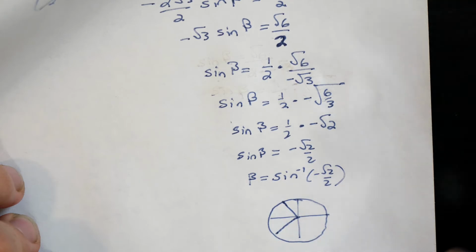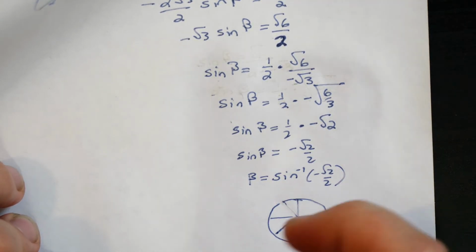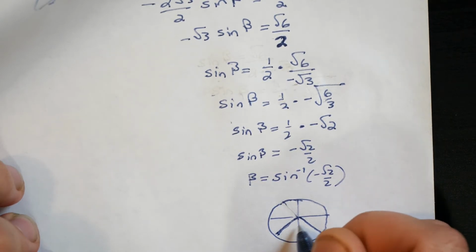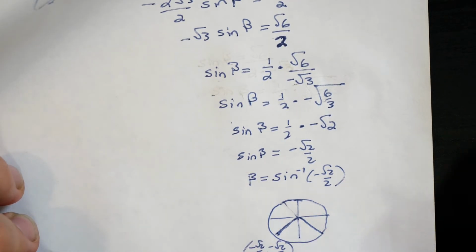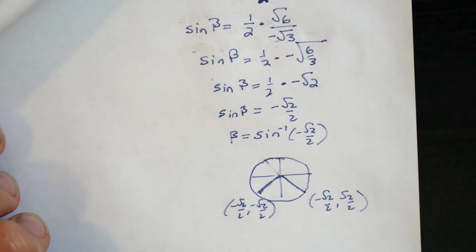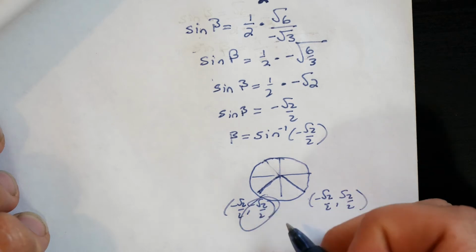Oh wait, no, I'm in sine. So I was thinking cosine. So since my sine is negative, I either have to be here or here at this 45. So the coordinates here are negative root 2 over 2, negative root 2 over 2. The coordinates here are not the same actually. They're negative root 2 over 2 and positive root 2 over 2. So which one of those has a sine of negative root 2 over 2? Yep, it's this one.